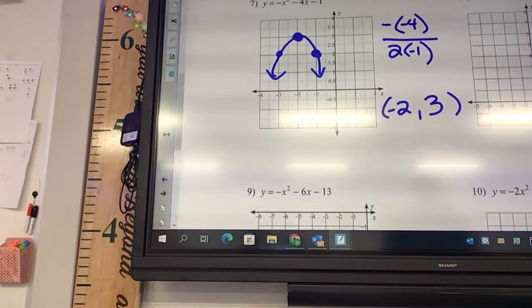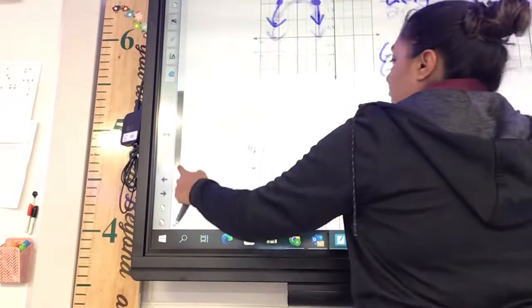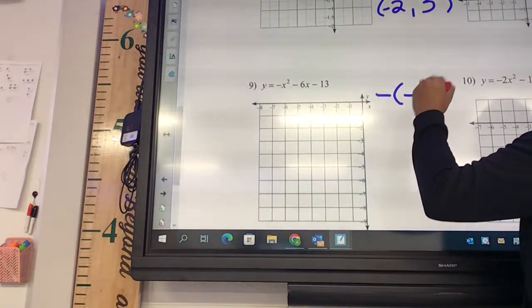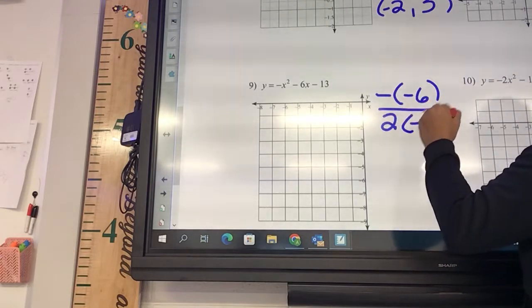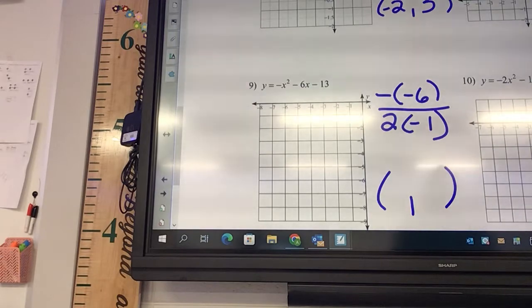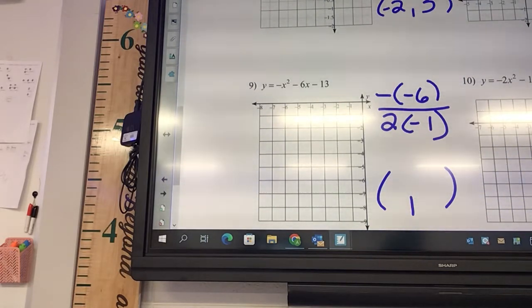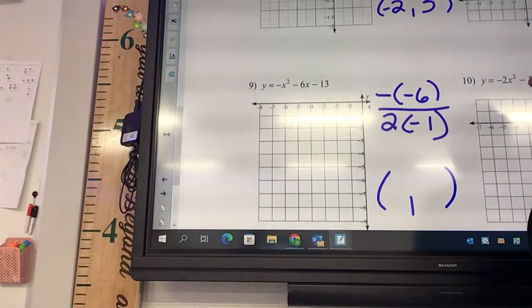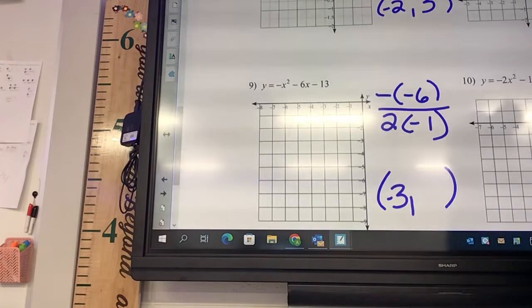Okay, last one. Our b is negative 6 over 2, and my a is negative 1. Negative 3. It should be negative 3, yeah. Timmy, you probably forgot a negative somewhere.